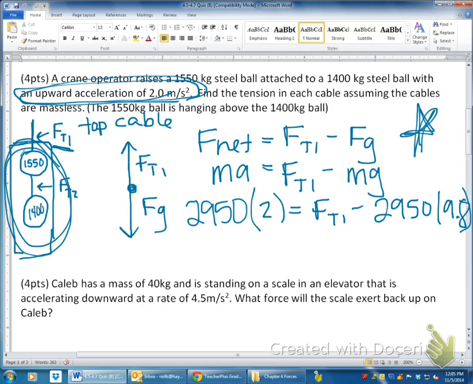So from here, simple algebra. Do the math, subtract it over, you find force of tension 1.